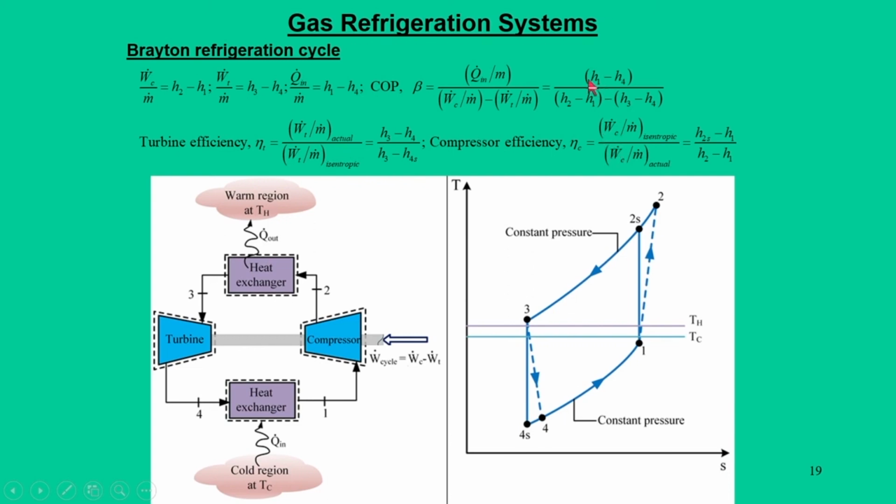Of course, we all know that for air cycle refrigeration, the first step is to note the temperatures at each point in the cycle. Once you note the temperatures and multiply by the Cp value of air, you get the enthalpies. So, likewise, this gas refrigeration cycle can be analyzed.